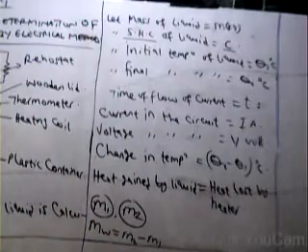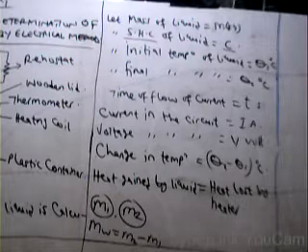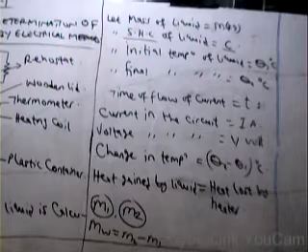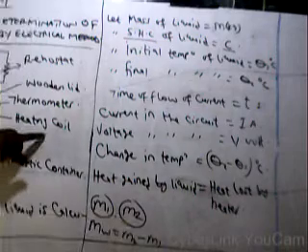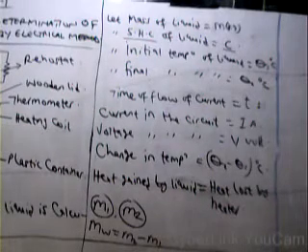Then the condition is that the total heat gained by this liquid, to cause an increase in the temperature from θ1 to θ2, must be equal to the total heat lost by the heating coil, or the electrical heater.